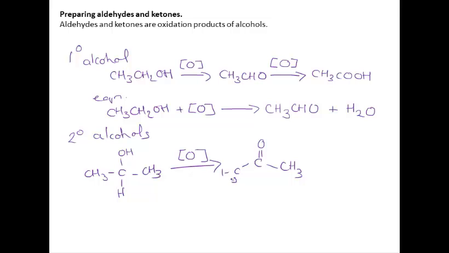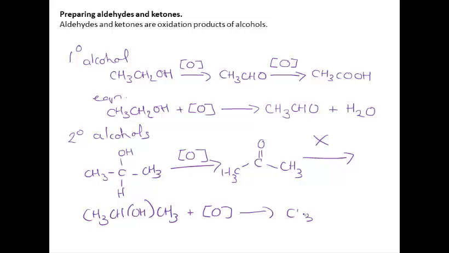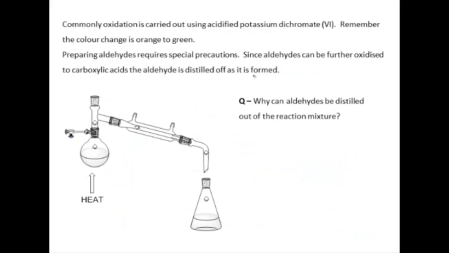There are no further complications with this because ketones are not susceptible to any further oxidation, and again we can represent this with an equation which you may be asked to write. Commonly the oxidation is carried out using acidified potassium dichromate and the colour change is orange to green.